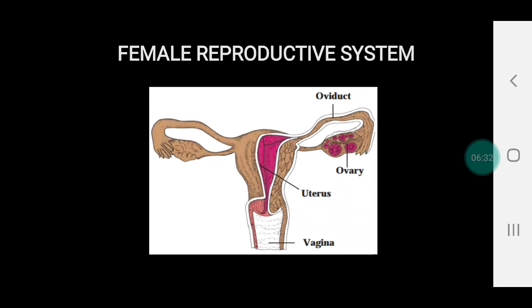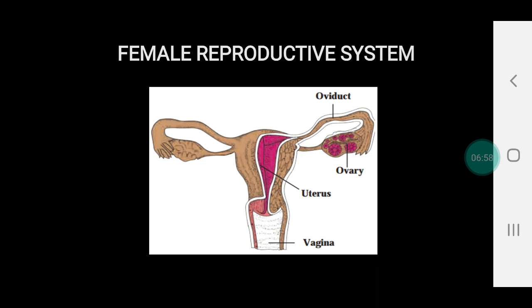All organs of the female reproductive system are in the abdominal cavity. Every month an ovum is released into the abdominal cavity, alternately from each ovary. The free end of the oviduct is like a funnel.